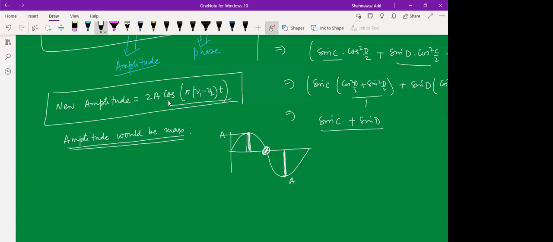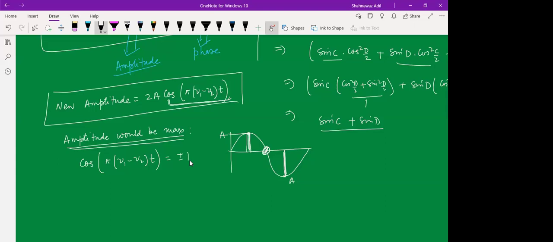So for the maximum case, this cos part, cos pi (nu 1 minus nu 2) t, should be plus or minus 1. When is cos plus or minus one? Maximum it should be plus.